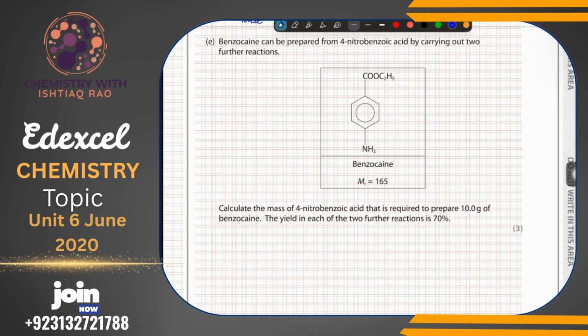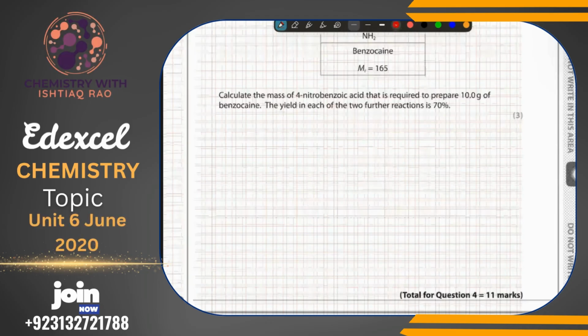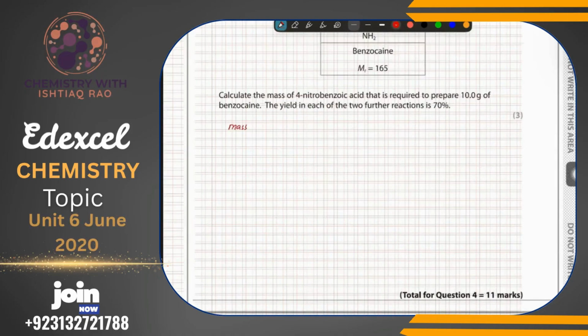So first we need to find the moles. n equals m over Mr, which is 10 over 165. That is 0.0606.